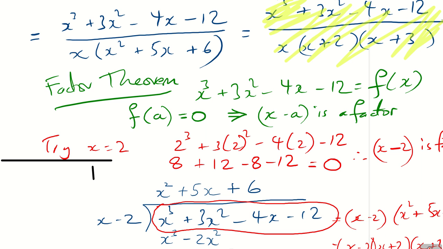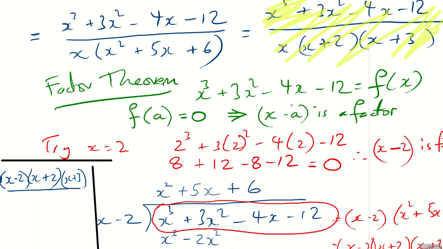We now know that x cubed plus 3x squared minus 4x minus 12 is the same as x minus 2, x plus 2, and x plus 3.